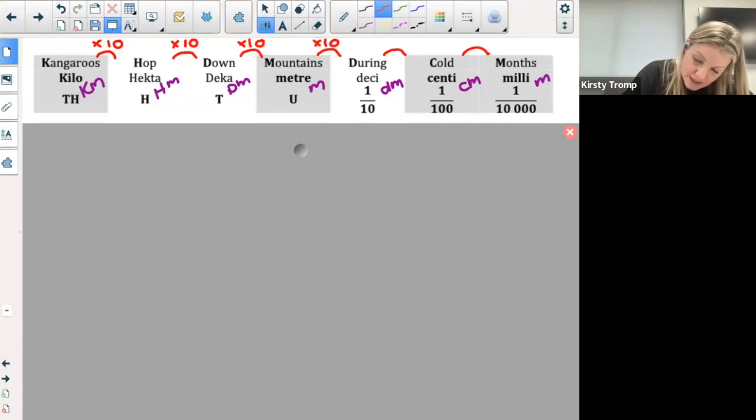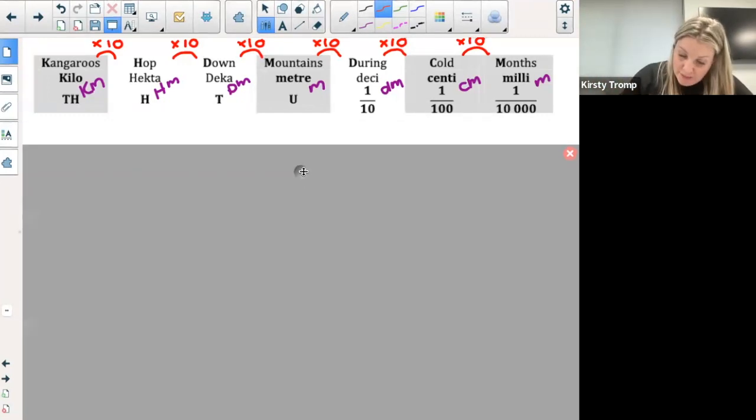And we're going to practice this, I promise. When we go the opposite way, when we shift up, we're going to divide by 10 each time.